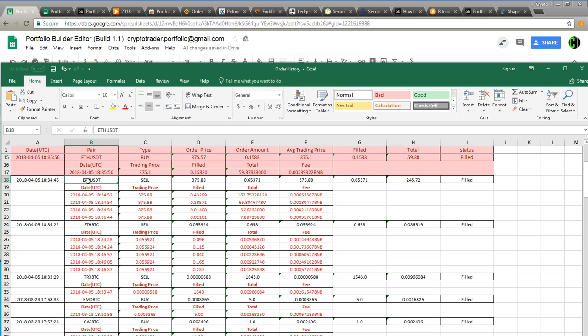Okay, now we have a different pair. In this instance, we're selling the Ethereum to purchase Tether. So let me highlight this and we'll see if you know which tab it goes into.